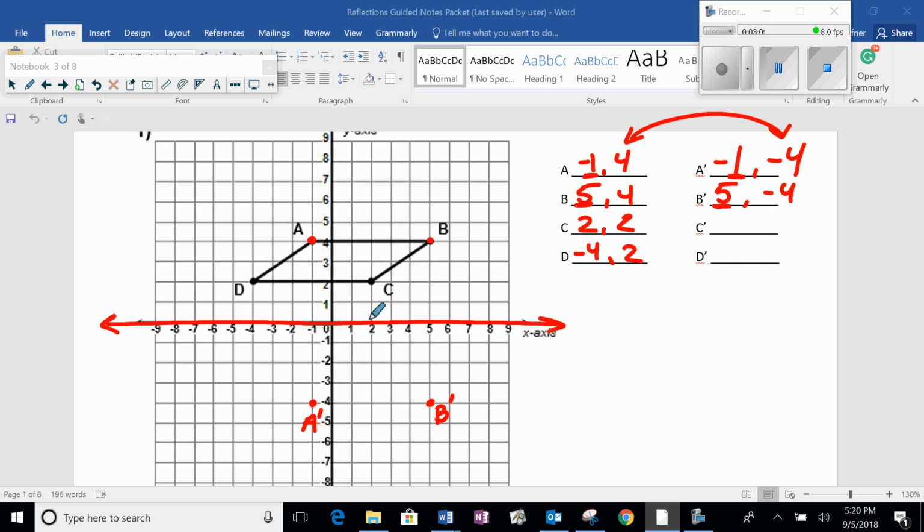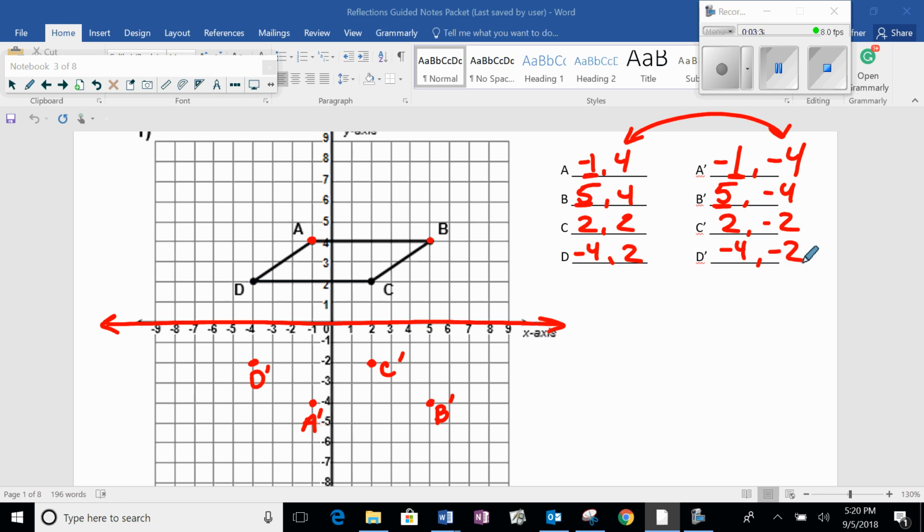So for C, it went up 2, so instead I'm going to go down 2, and that is my C prime. So that point is (2, -2). And for my D point, I have up 2, so I'm going to go down 2, is D prime, and that point is (-4, -2).